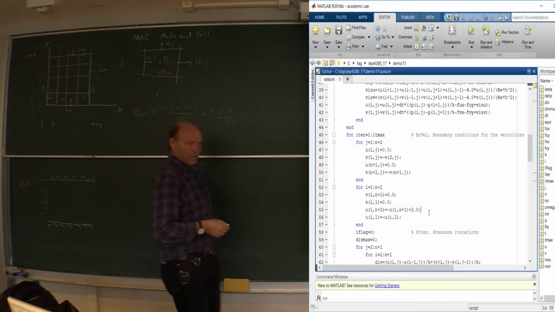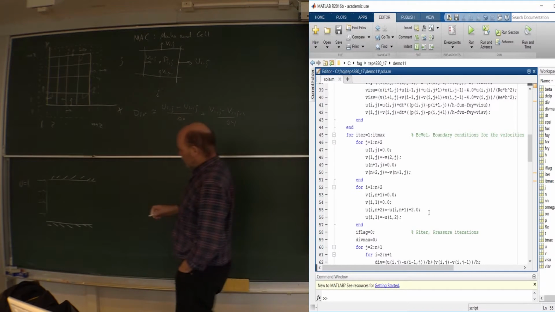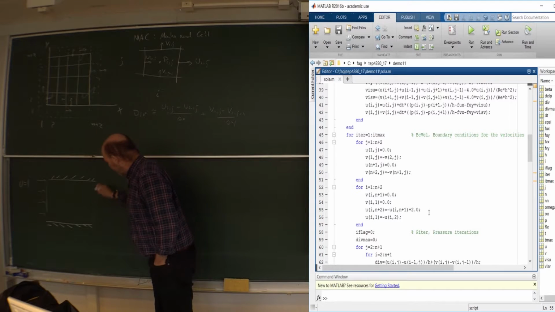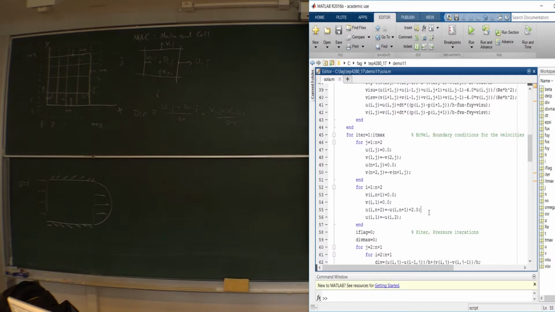Then I want the entrance length to be done with, so I want a fully developed flow on the other side. So the velocity profile here should be then the Poiseuille formula. That is what I want.